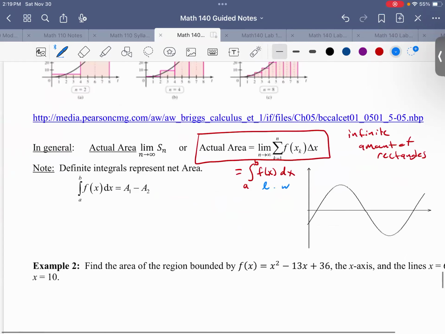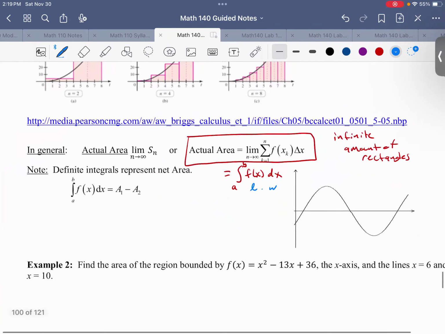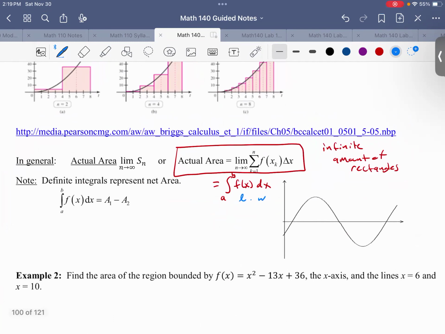Okay, so before we get too much into the definite integral, there's a concept of net area just to quickly go over. So if you have a function that goes above the x-axis and then below, when it goes below the x-axis, I'll label this A2 and this A1, it's going to get a negative area.